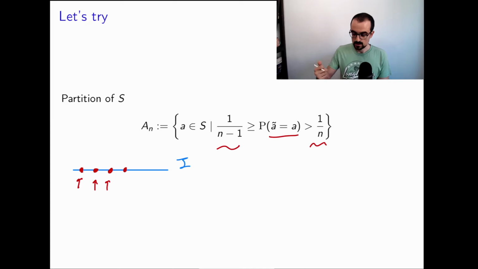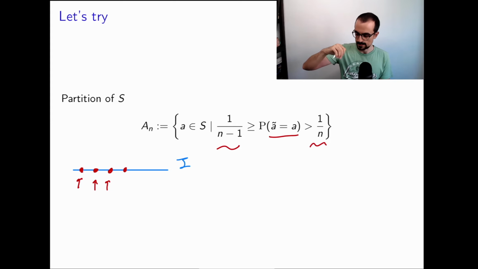I do this for n equals 1, n equals 2, n equals 3, and so on and so forth. For n equals 2, the probabilities are between 1/2 and 1.